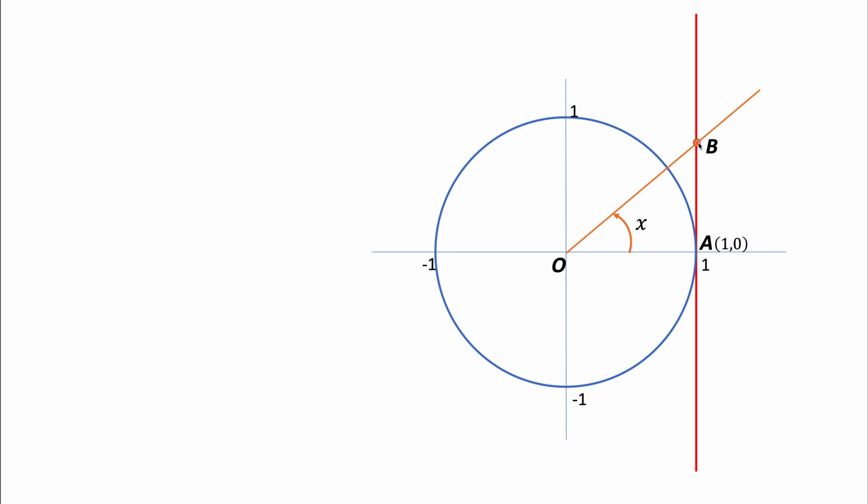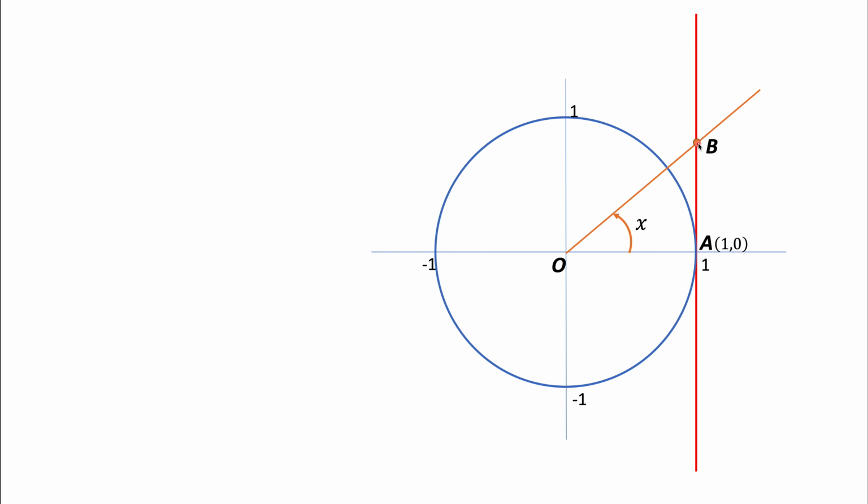The coordinate of this point B on tangent line will be our tangent. Now, A corresponds to 0, tangent equals to 0. Now, everything above is positive, everything below is negative. So point B got on the positive side of my tangent line.